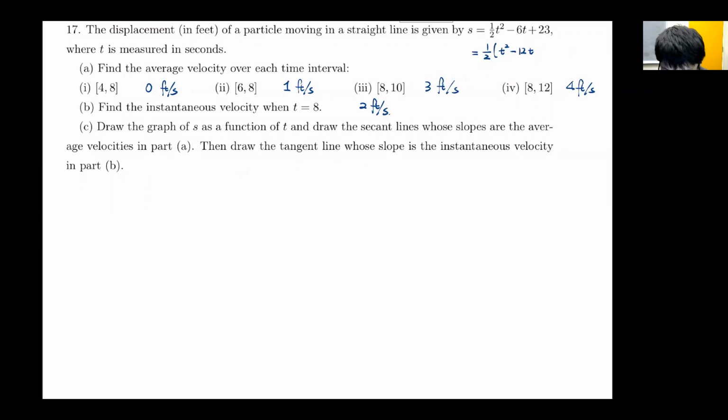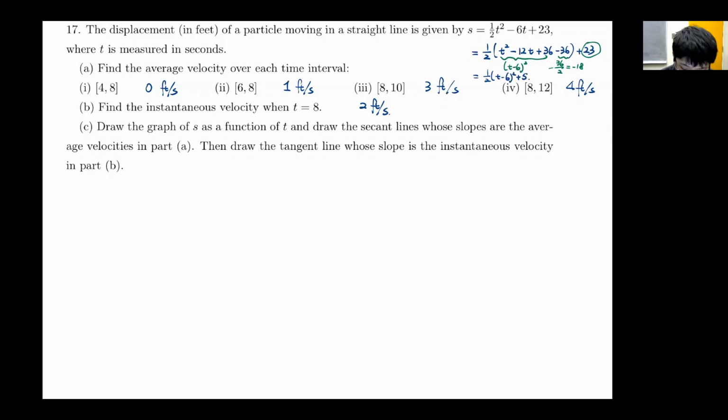If t squared minus 12t are my coefficients, then I need to supplement a 36 and minus 36 inside so as to get a square. So the first three terms will combine as t minus 6 squared. And the last term is going to be canceled out with the outside 23. 36 divided by 2 will be minus 18, and then minus 18 plus 23 will be positive 5. So what I'm getting is 1/2 t minus 6 squared and then plus 5.